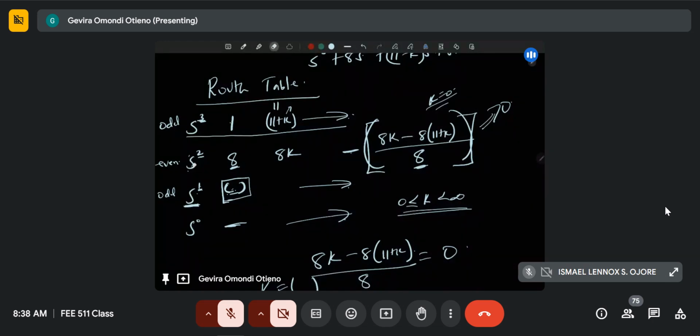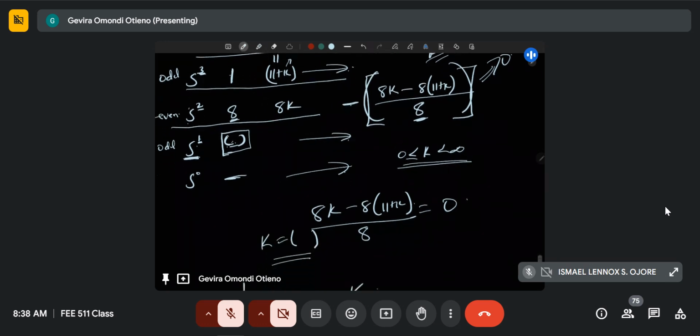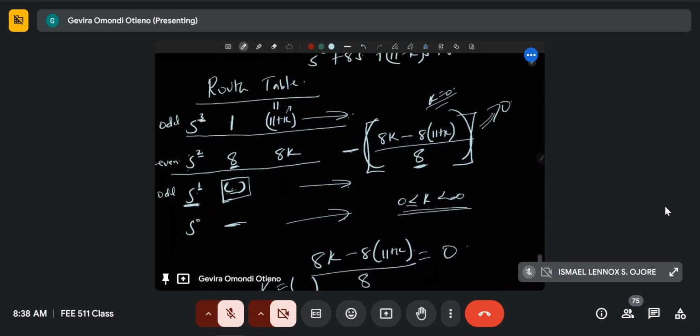You can see that this row here, the s to power 2 row, if you write it out as a polynomial, the 8 corresponds to s squared. The 8k corresponds to s to power 0, because this is s squared, then you skip s to power 1, so this is s to power 0.